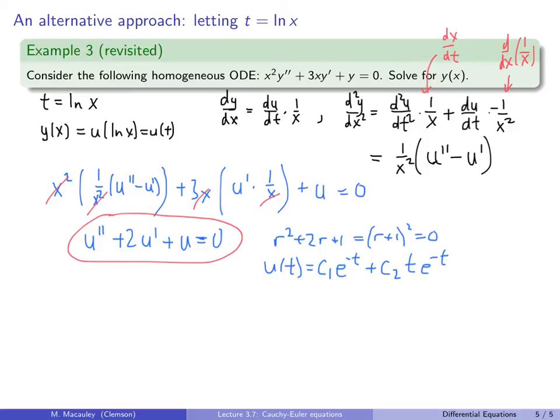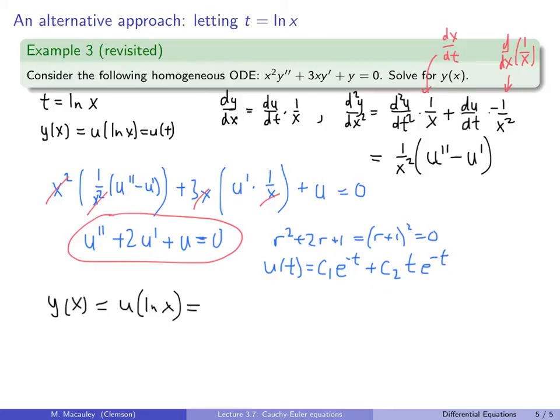So what are we trying to solve? We're trying to find y of x. y of x is u of the natural log of x. So let's plug the natural log of x in for these values of t.